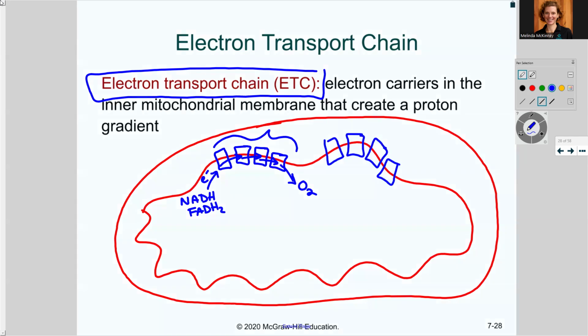And as the electrons go through, these carriers are going to use that energy to pump hydrogen ions into this space, okay? So as the electron goes through, that energy is going to be taken off. The electron's going to lose a little energy, and then that energy is going to be used to create basically a hydrogen ion battery. We're putting a whole bunch of positive charges together, right?